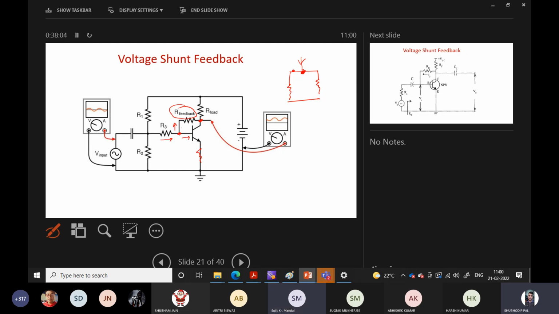As the emitter is grounded, we are taking the voltage from this. That voltage totally appears across this, and the same voltage we take from here through this feedback resistance. So that's why the sample is taken as the voltage.